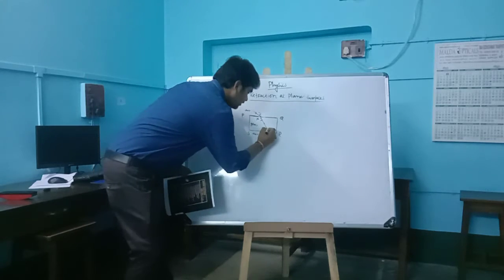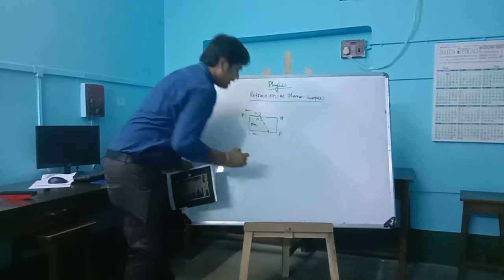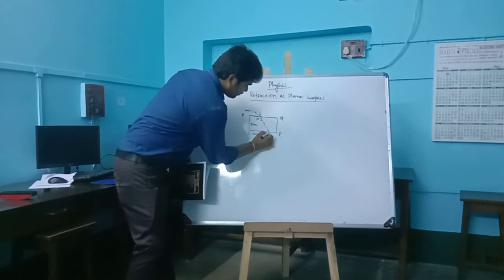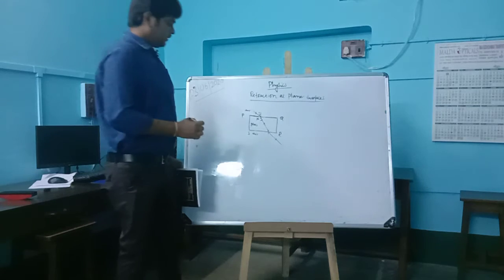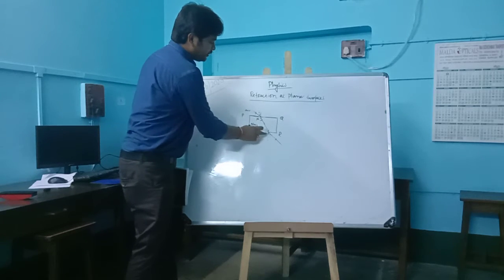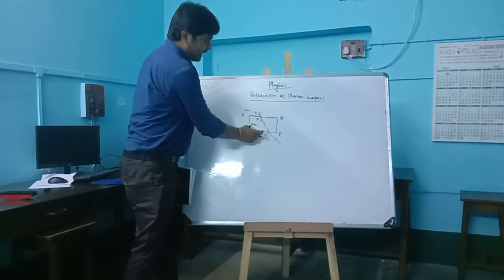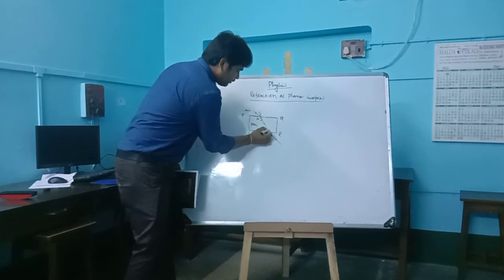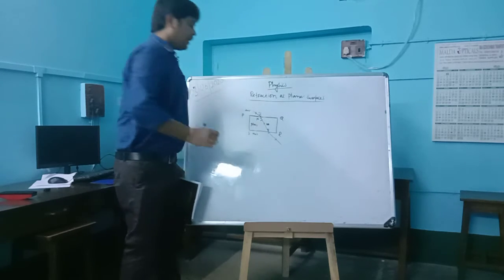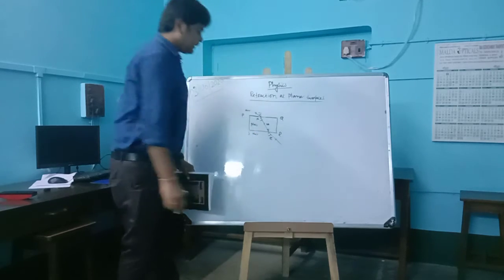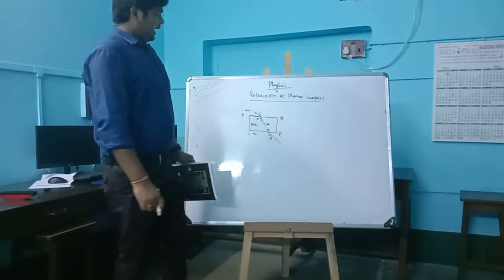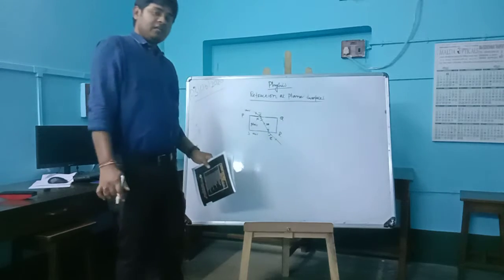If I draw the normal here, then it will move away from the normal. As this normal and this normal are parallel to each other, the angle will also be r. This angle is called the emergence angle, and this ray is the emergent ray.